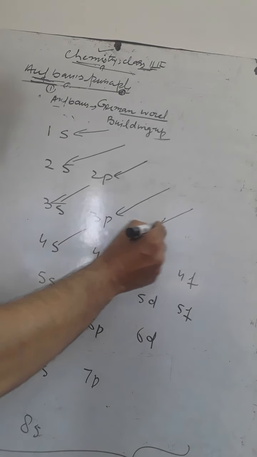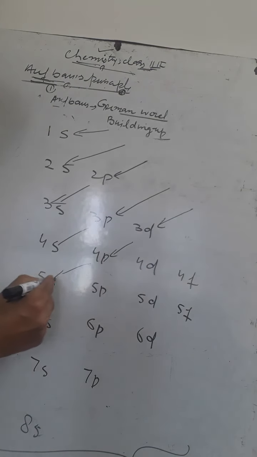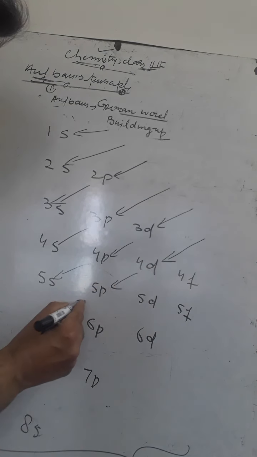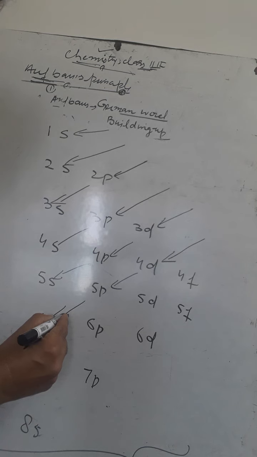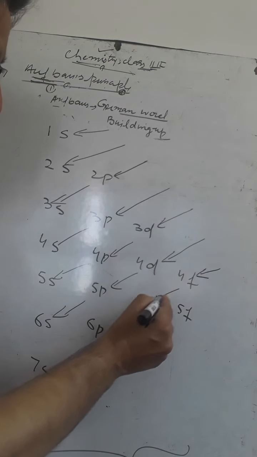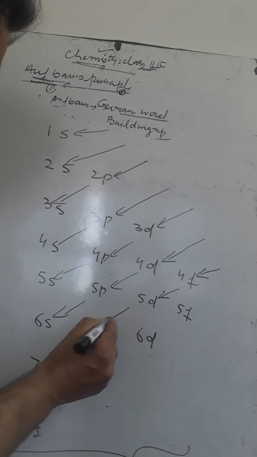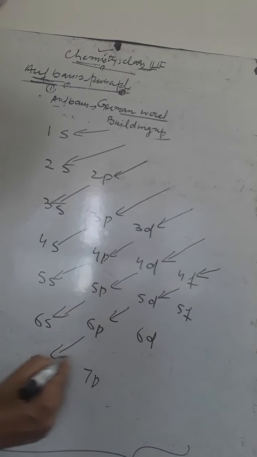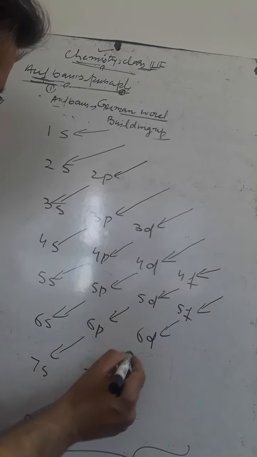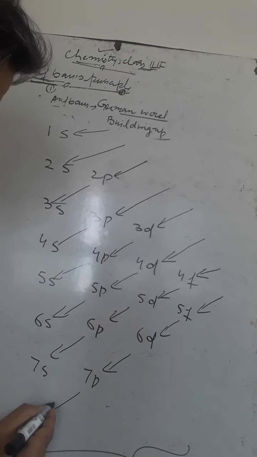Then we have 3d, 4p, 5s, then we have 4d, 5p, 6s, the order of orbitals based on energy, 4f, 5d, 6p, 7s, and lastly we have in this row 5f, 6d, 7p, and 8s.